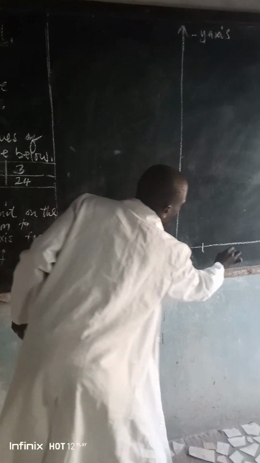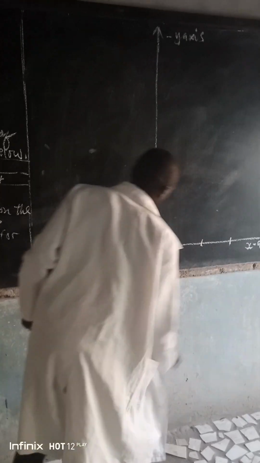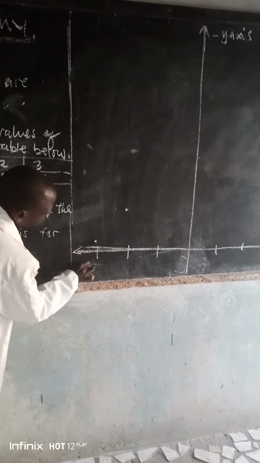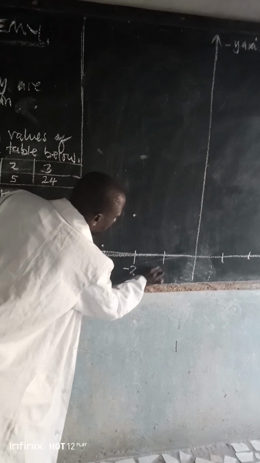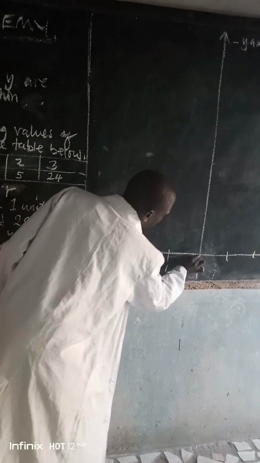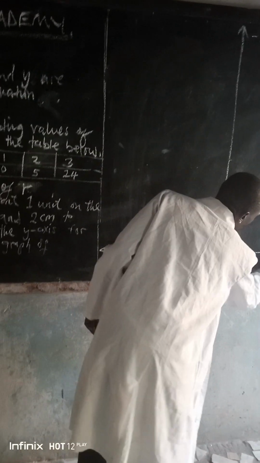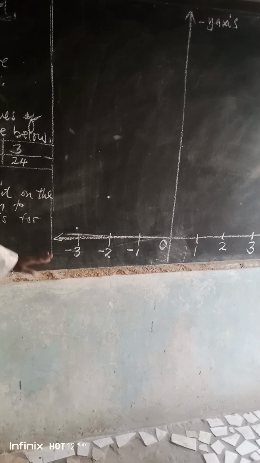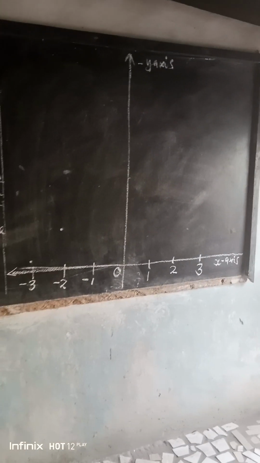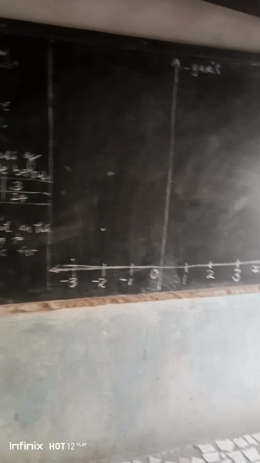So even this side, here we have -3, -2, -1, 0, 1, 2, 3. So this is what it means, 1 unit, for the x-axis.